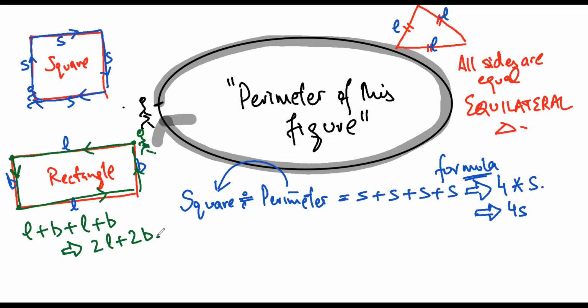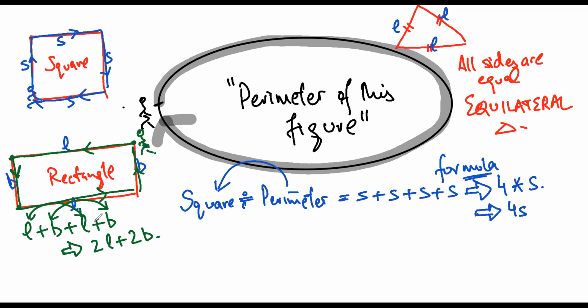So Sarthak, any confusion? But why not 2L plus B? Because Mr. Sarthak, there are two L's, and similarly, there are two B's. Is there a confusion?